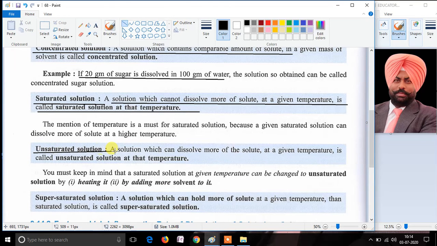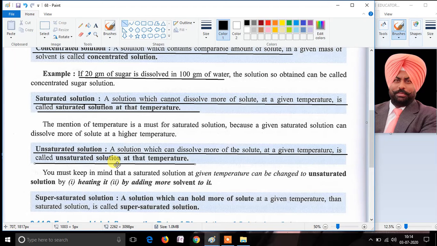Next is unsaturated solution. It is a solution in which more amount of solute can still be dissolved at a given temperature. This means, as we have taken the example earlier, if we are dissolving 20 grams of sugar in the 100 grams of water, and 20 grams of sugar get dissolved in it, and we add 1 more gram of sugar in it, it gets dissolved. This means the solution is unsaturated.